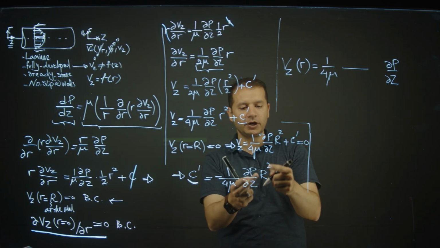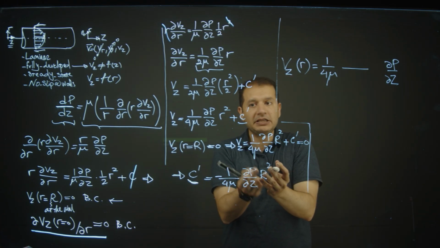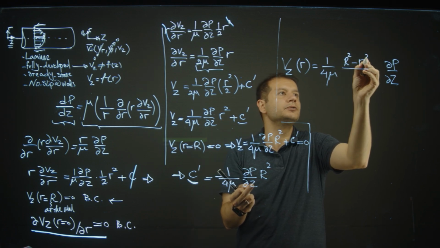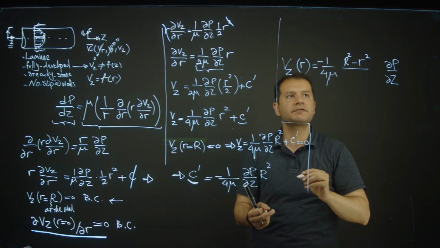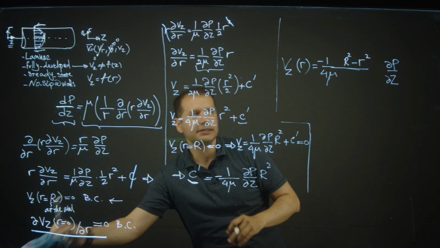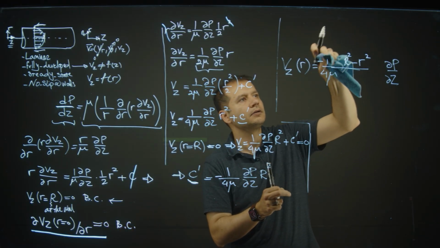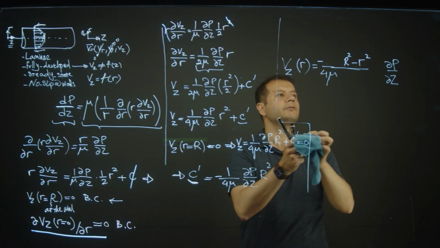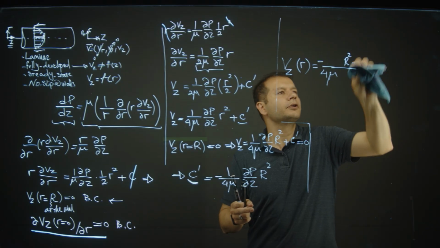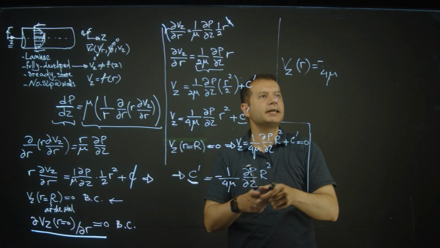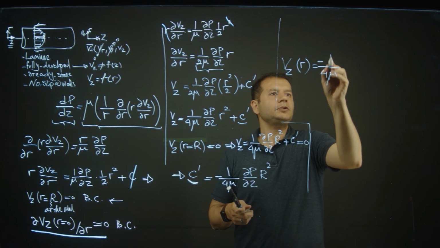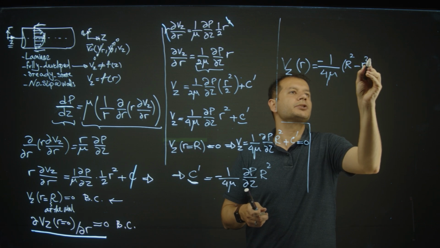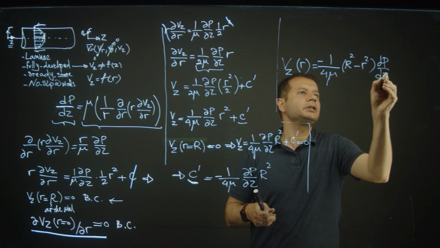I want R squared, the capital R, because it's bigger than the small r in general, so I write it as R squared minus r squared and put the negative sign here. So if I write it cleaner for you, that will be minus 1 over 4 mu, R squared minus r squared, dp/dz.